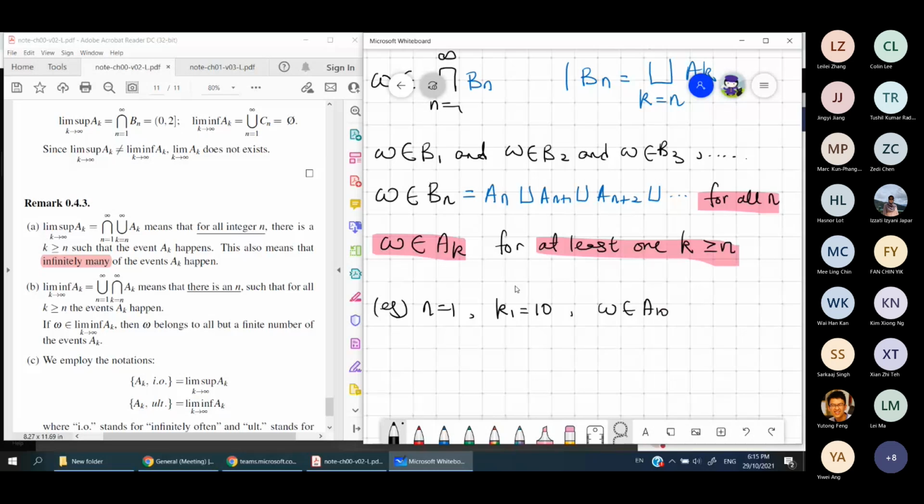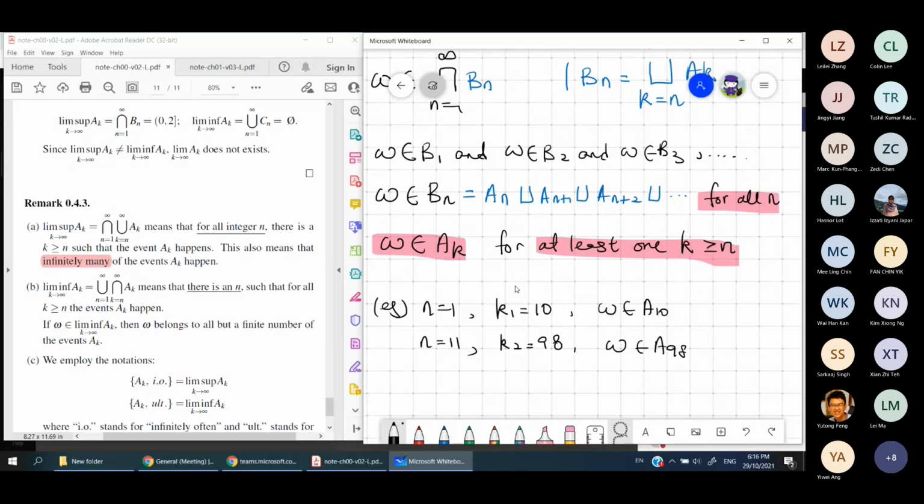If we go further, when n equals 11, we can get another k larger than n such that omega belongs to it, for example 98. Then omega belongs to A98, and so on.